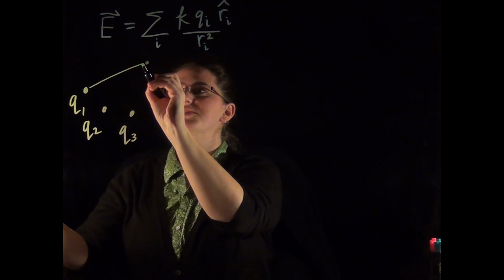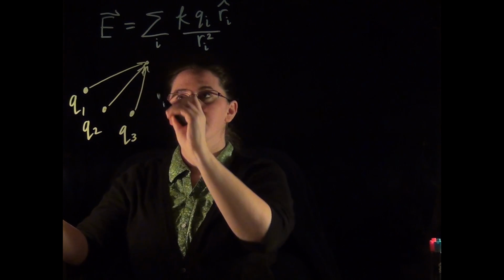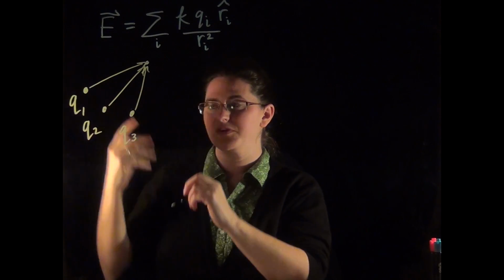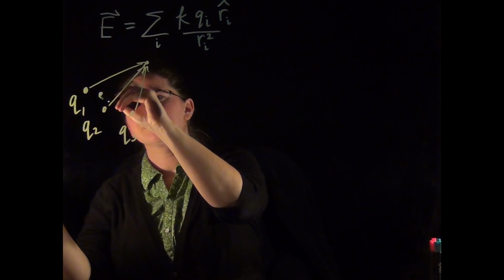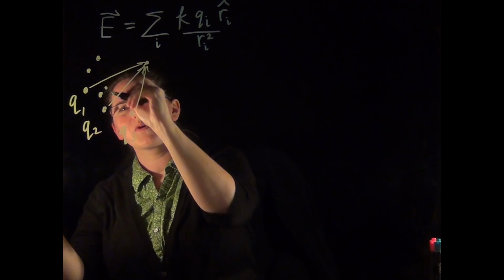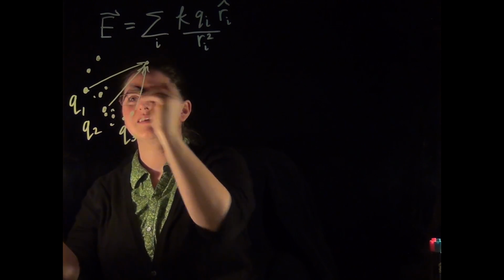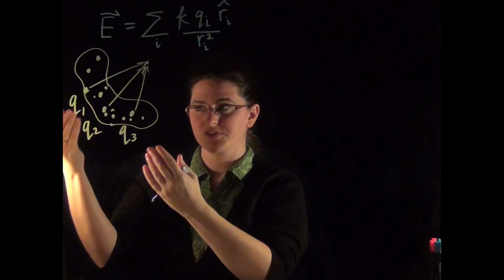Each one of these charges contributes an electric field to the entire electric field that makes up that whole field. But let's say you have so many charges now that it really just becomes more convenient to treat this entire system of charges as a continuous distribution of charge.